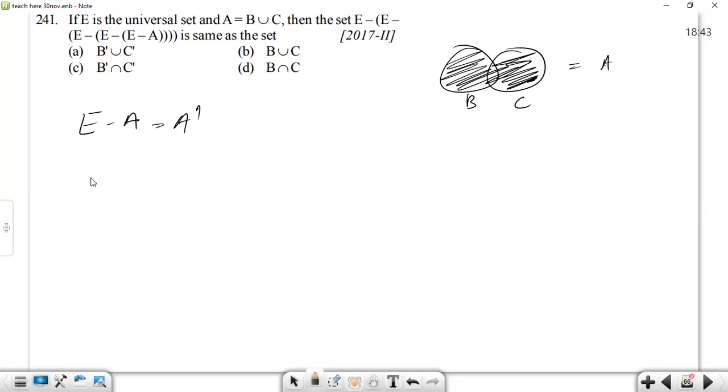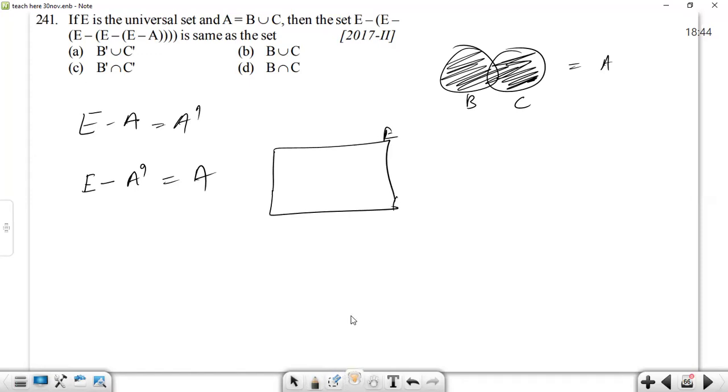And if we further subtract this from E, what is left is A. What is the A complement basically? This is the universal set, and say this is set A. So this is the A complement.